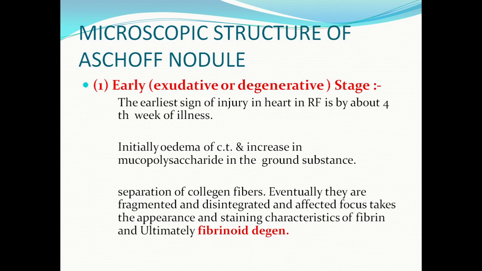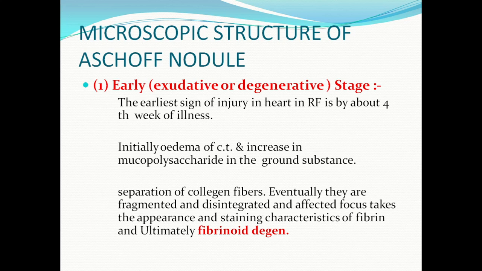Edema of connective tissue and an increase in mucopolysaccharides in the ground substance. There will be separation of the collagen fibers, and eventually they are fragmented and disintegrated, and the affected focus takes on the appearance and staining characteristics of fibrinoid, and ultimately there will be fibrinoid degeneration.